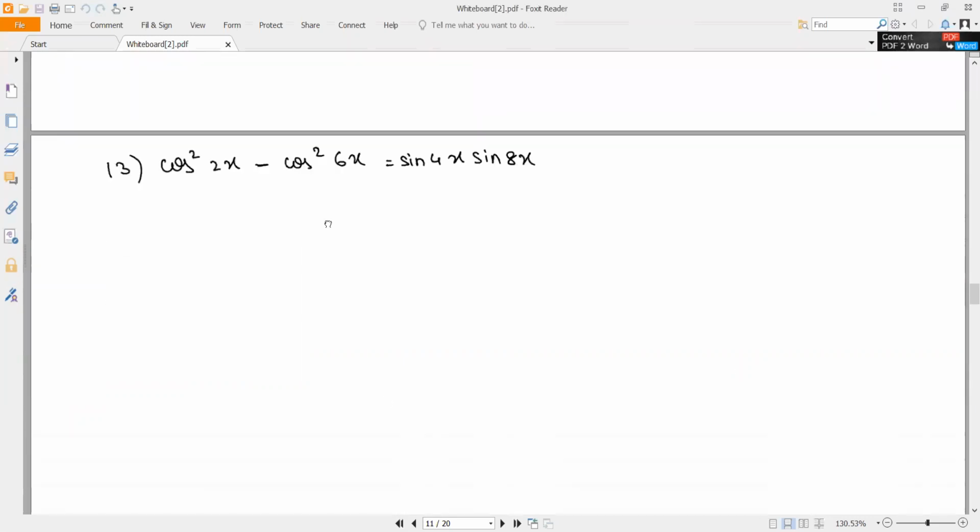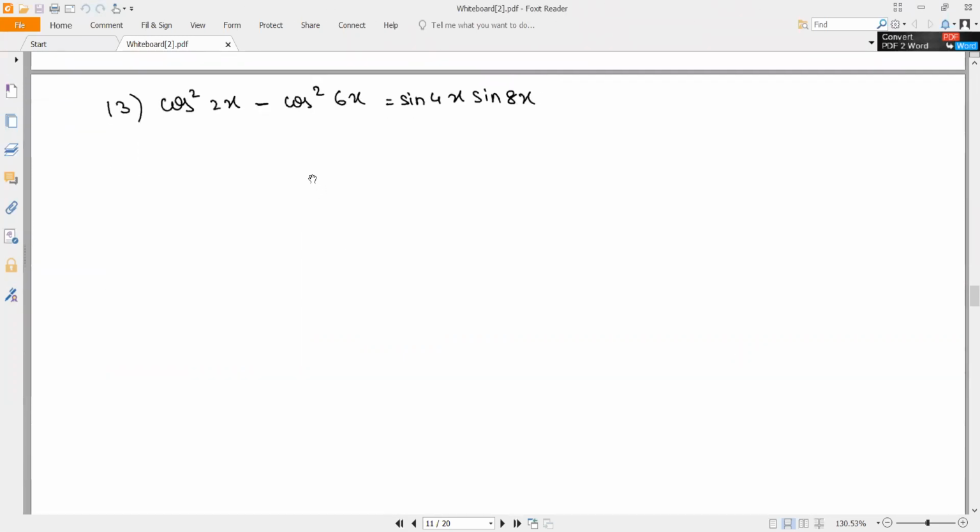Next, cos square 2x minus cos square 6x. Again, you can do it by the same procedure, which is a plus b into a minus b. LHS can be written as cos of 2x plus cos 6x into cos 2x minus cos 6x, a plus b, a minus b.